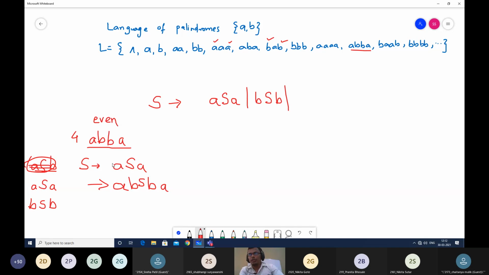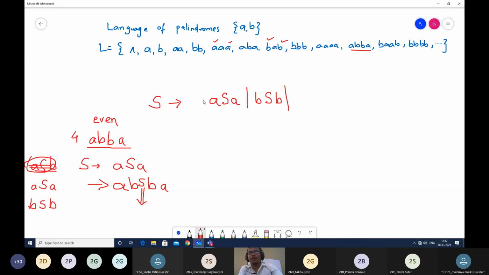So when my palindrome is of even length, my dear students, once I am done with all the four symbols, what remains inside is S. So for this string to become ABBA, this S should become null, correct?